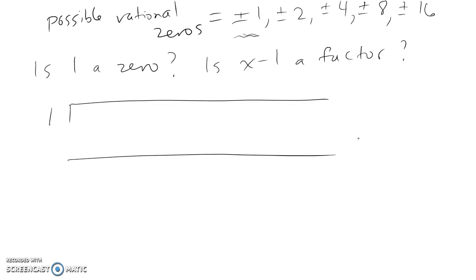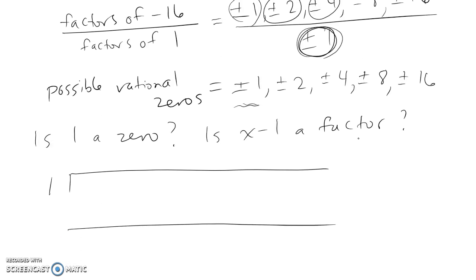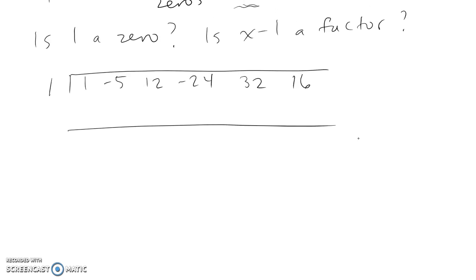Now let's go back to what our coefficients are. I can't get them on the screen. They are 1, negative 5, 12, negative 24, 32, and 16. I'm going to bring down the first number, 1. Then 1 times 1 is 1.